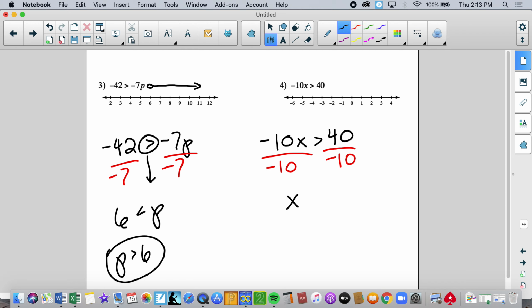We get x is less than negative 4, since we divided both sides by a negative number, we have to flip the inequality sign, in this case from a greater than to a less than. So we have negative 4. We're going to have an open circle. Less than goes to the left.